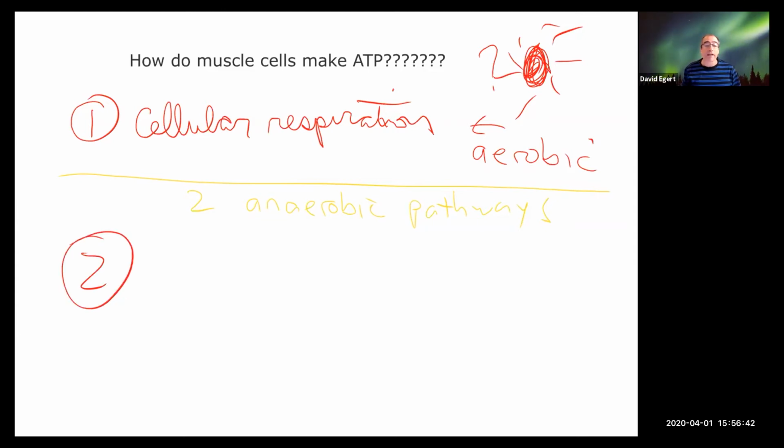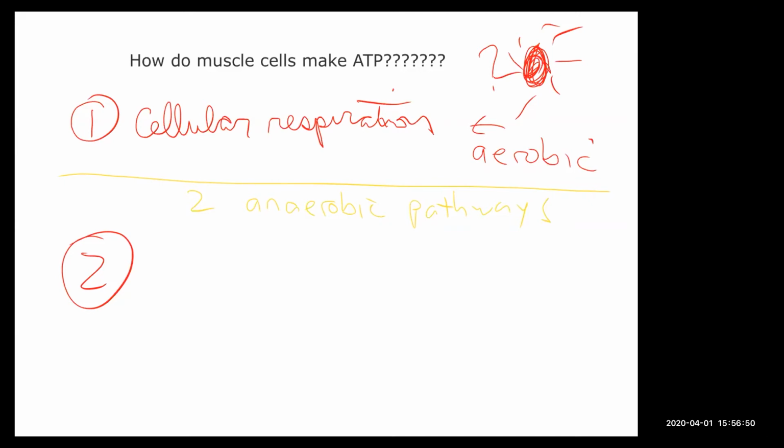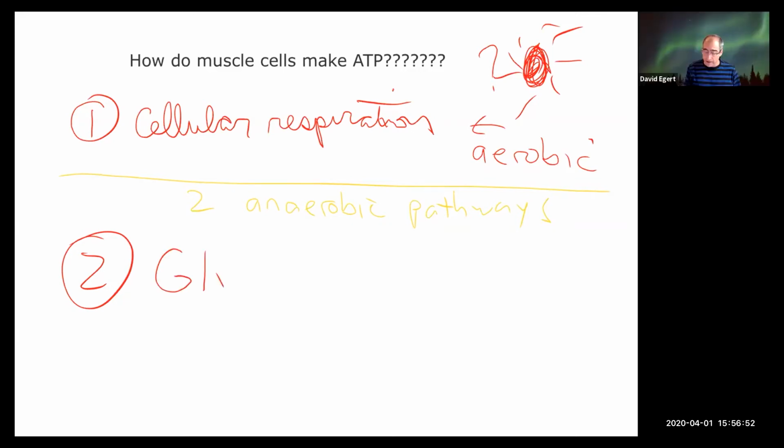One of them you already know. What's just the first steps of cellular respiration? Glycolysis. Yeah, exactly, glycolysis. If you remember, it only made 2 ATP for every glucose, but it's pretty straightforward. It's just 10 steps and you get the ATP instead of all of the convoluted machinery in the mitochondrion.